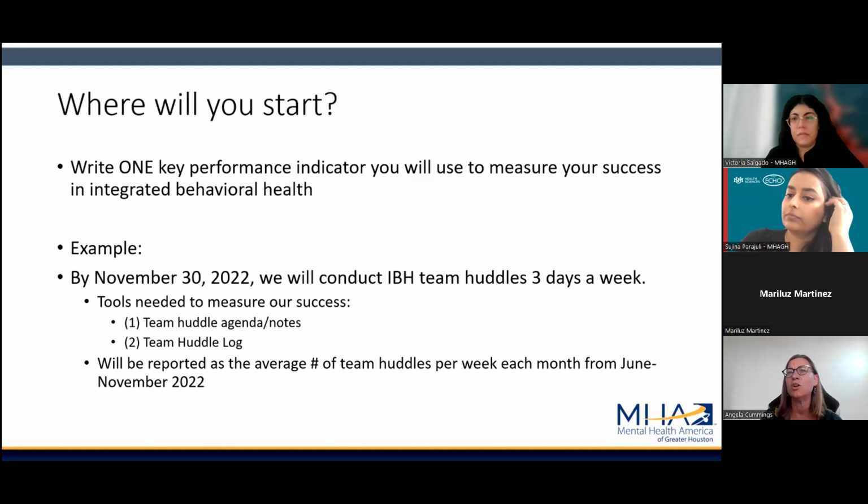You were just getting started in June. But in July, maybe you averaged 1 team huddle per week. In August, you kept going with 1 because you were tweaking it. And then maybe in September, you were able to do 2 team huddles per week. Looking at this over time, you would be able to show your progress.